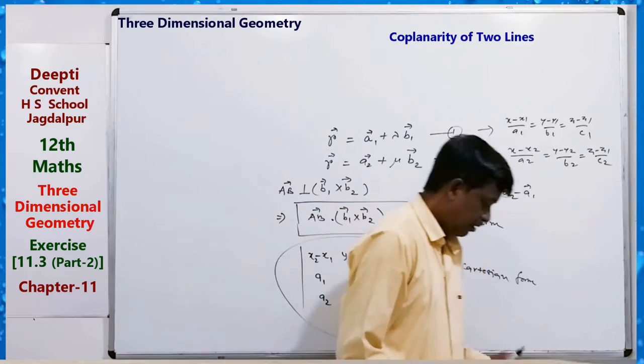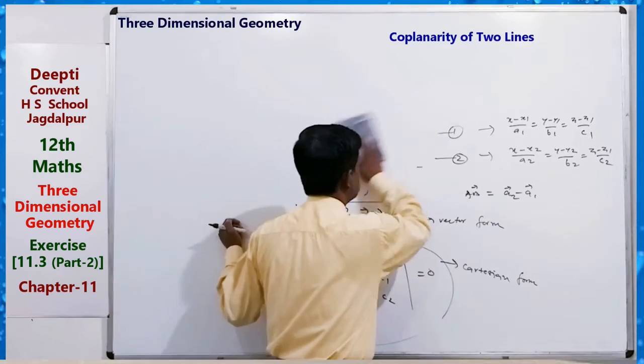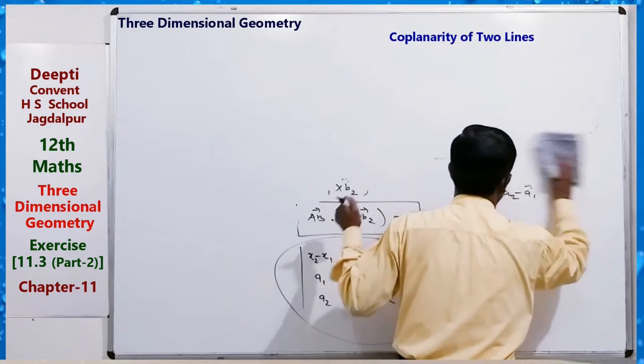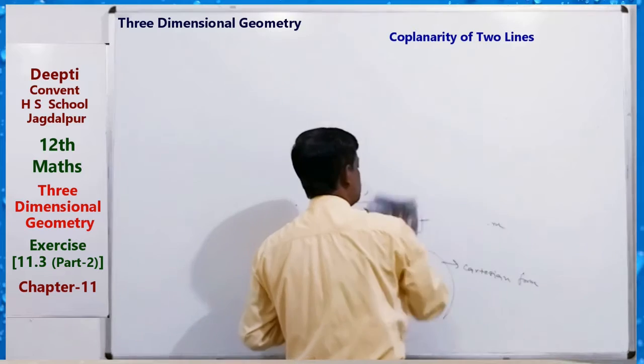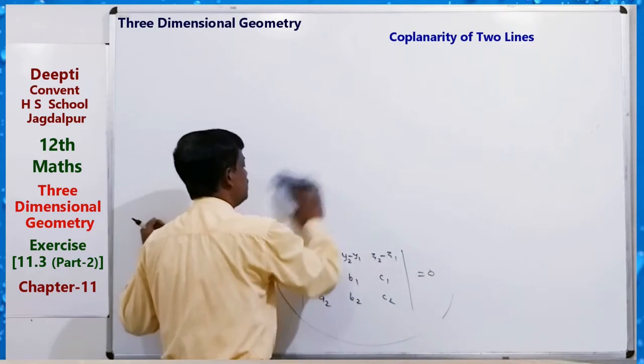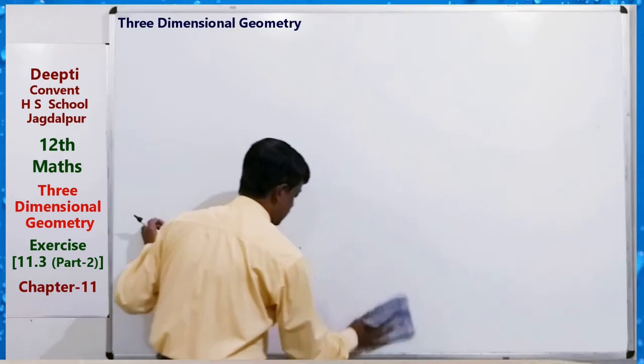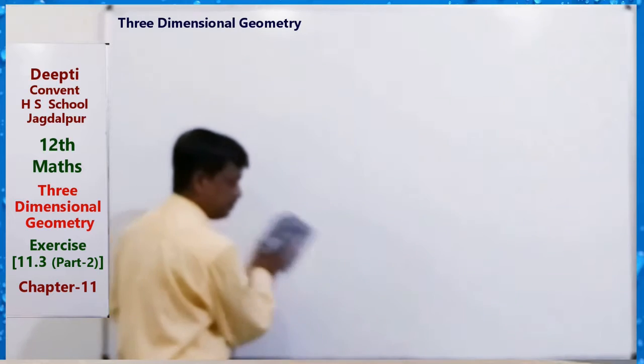Clear? Now, the angle between two planes. The third condition is the angle between two planes. The angle between two planes is given by the angle between the normals of the planes. Very simple.